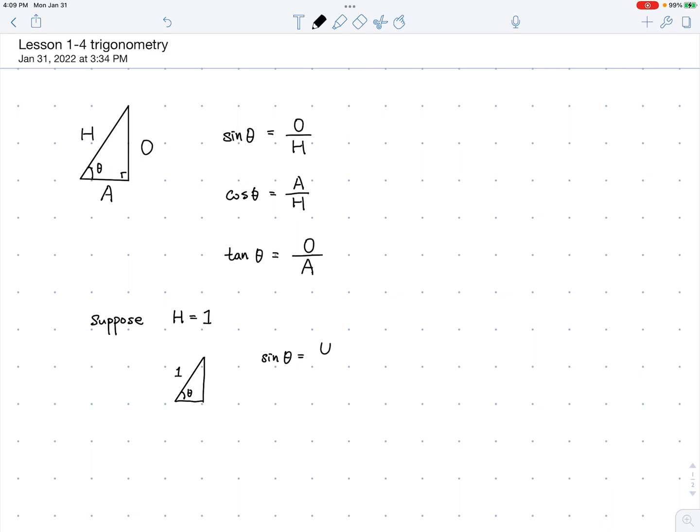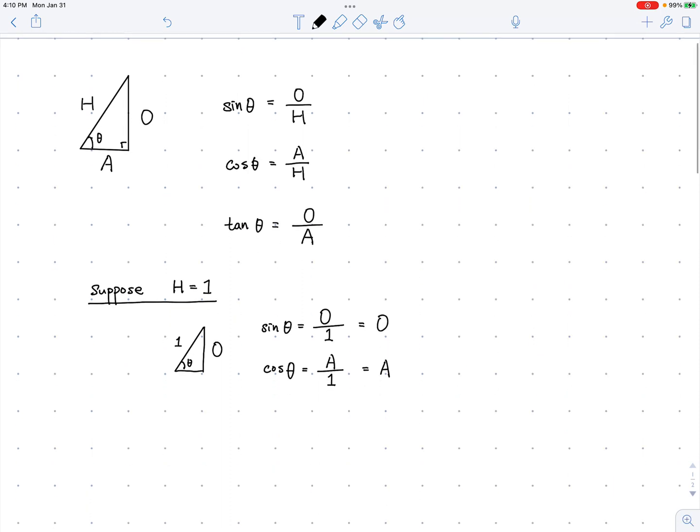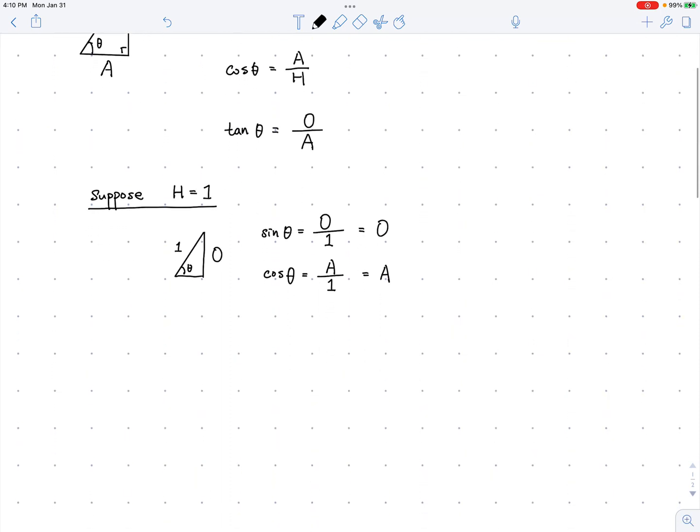Sine of theta would be the opposite over 1, which is just the length of the opposite, and cosine theta would be the adjacent over 1, which would be just the adjacent. Okay, so this is a special case if you know the hypotenuse has length 1.